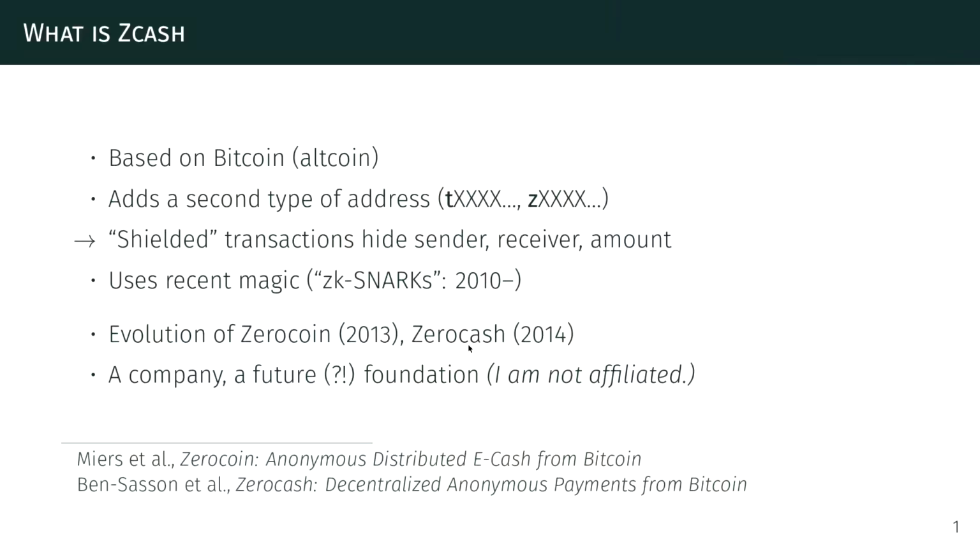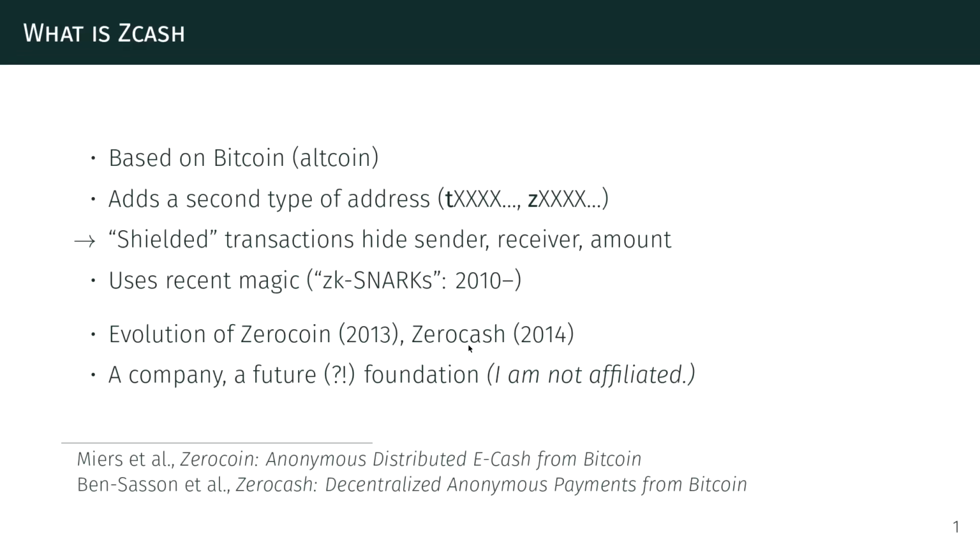For a little bit of history, Zcash is an evolution basically of two academic proposals, one called Zerocoin, which was still pretty different from Zcash, and the other is called Zerocash, and that is already almost like Zcash. So you could consider Zcash an implementation of Zerocash with some refinements and improvements.